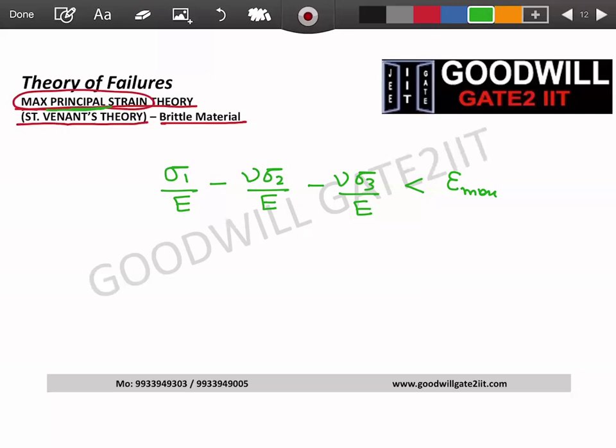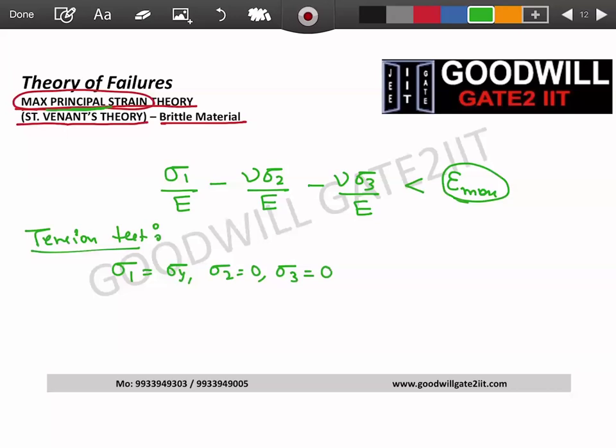Now, what is this? Again, you people can do a tensile test. In tensile test, your sigma 1 was sigma y, sigma 2 is 0, sigma 3 is 0.